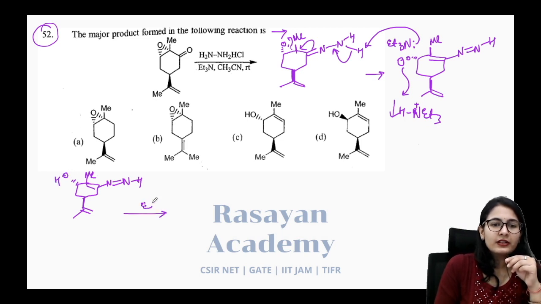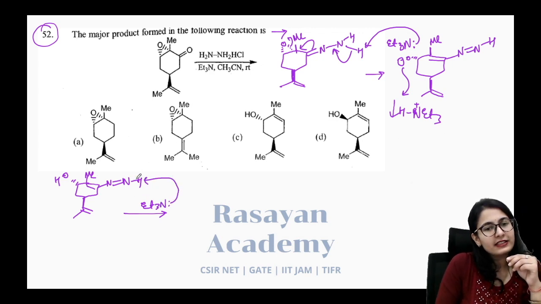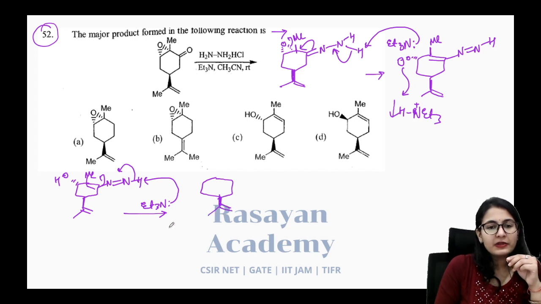One more base molecule, triethylamine, is going to remove this proton. Now this proton is very acidic over here. Why? Because when it is removed, the whole nitrogen molecule can leave and it eliminates nitrogen gas. Okay, that is the driving force of this reaction, and it is going to give you a negative charge on the double bond.